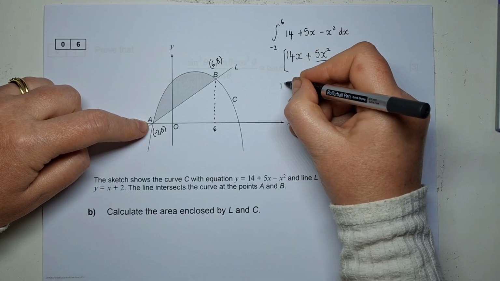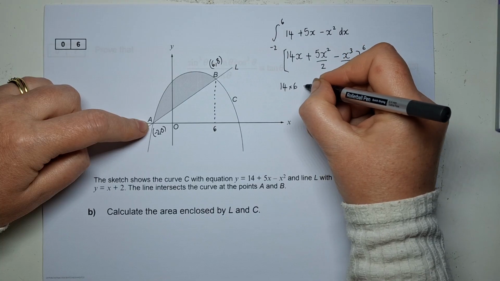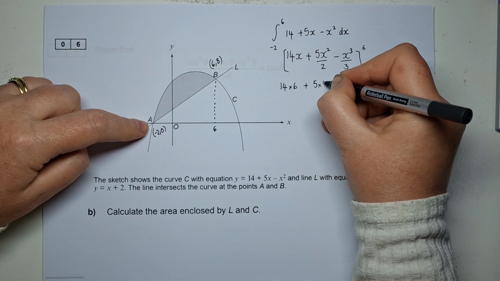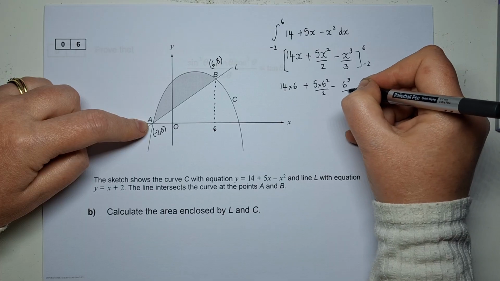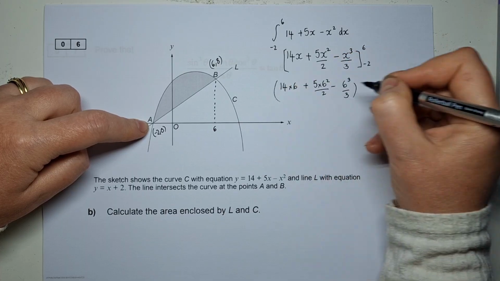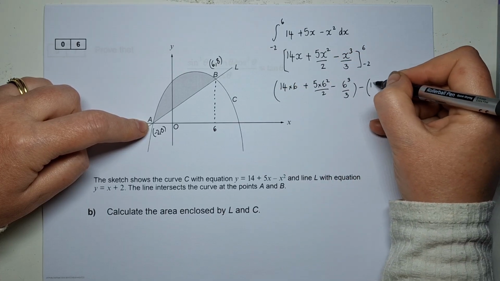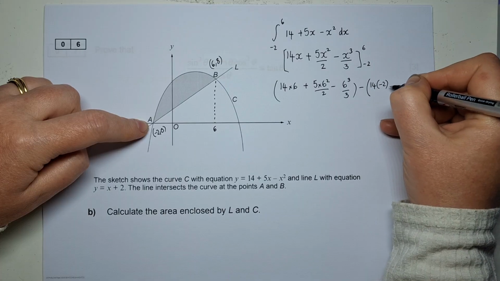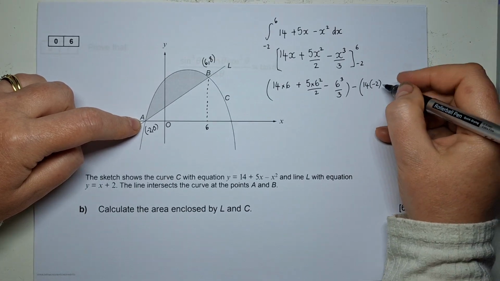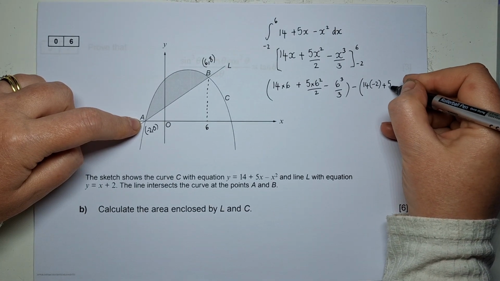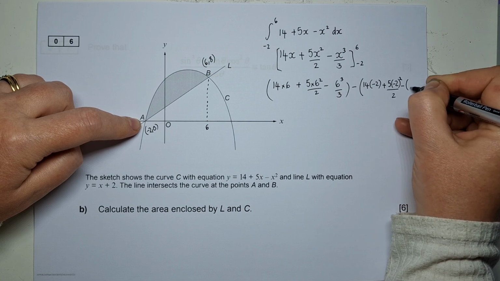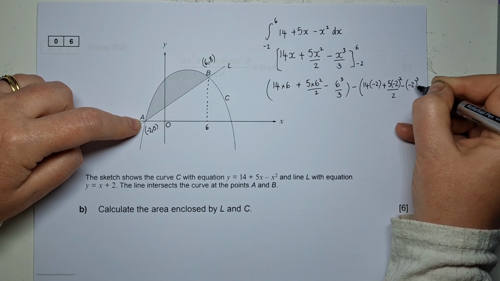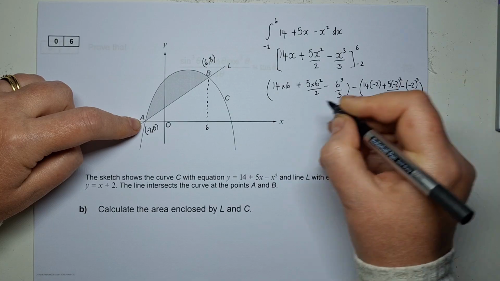So make sure you show the limit going in, because they want to award the mark and they need to see you using the limits correctly. And with the minuses, make sure you're giving plenty of brackets. Like that.